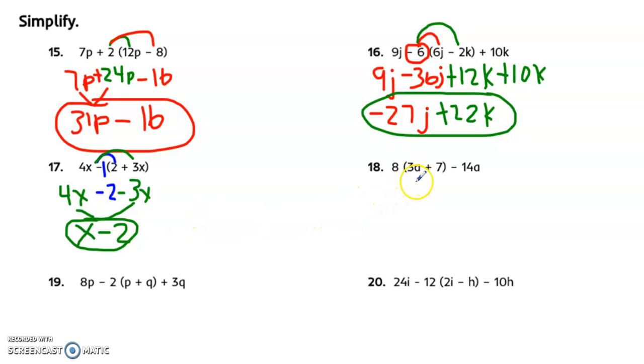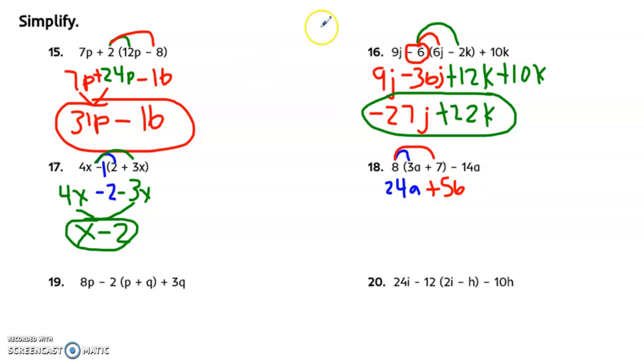8 times 3a plus 7 minus 14a. So we can't combine anything inside the parentheses because we do not have like terms. So we will begin by distributing. 8 times 3a is 24a. And then 8 times 7 is 56.